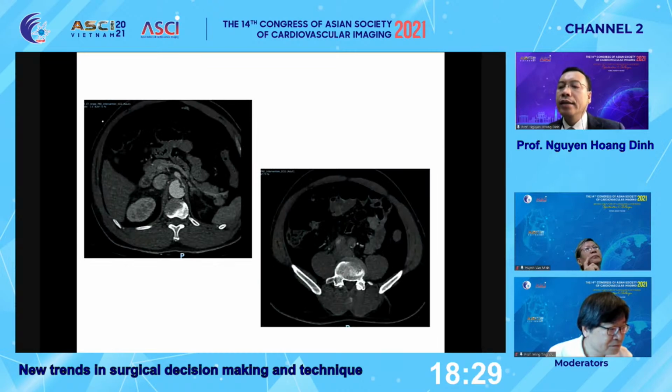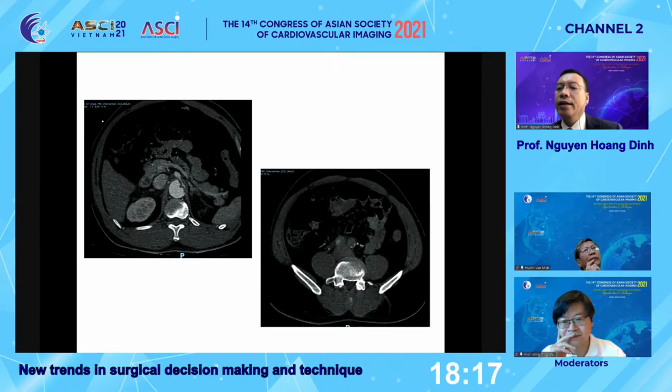We can see that the celiac, SMA, and right renal came from the small true lumen. The left renal came from the false lumen, and the dissection extended to both iliacs, and there was no flow to both iliacs. Echography showed preserved LV function and a competent aortic valve.